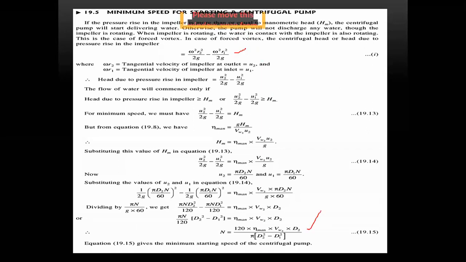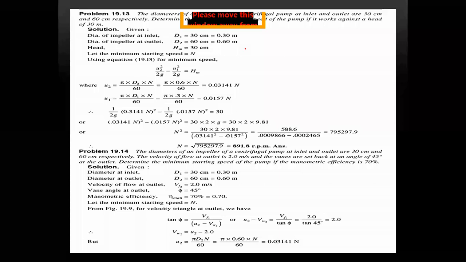You are having some minimum problems. These are simple problems so that you can easily check them out.